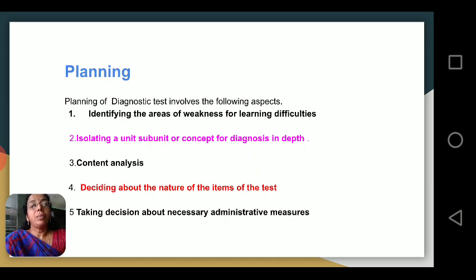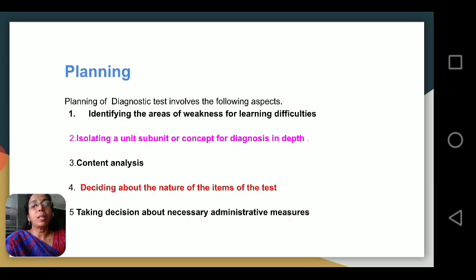For example, if you teach the students about identities, you feel that there are problems in connection with the unit identities with some pupils. But we have to identify which area is more difficult for them, or in which subunit, subtopic the learner confronts problems or difficulties. That is isolating the subtopic or subunit of the main topic.